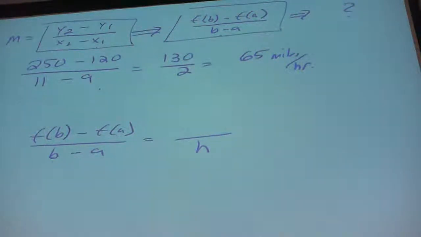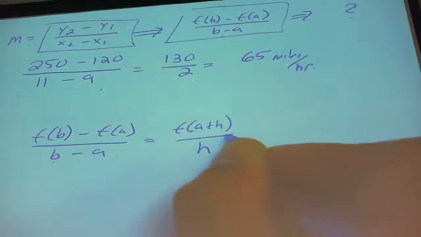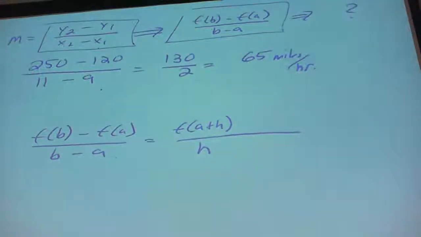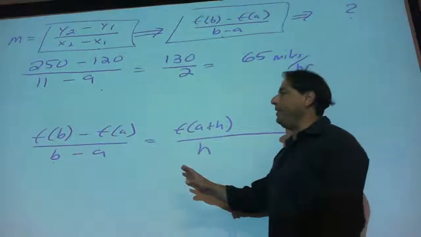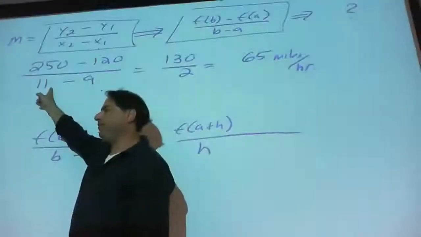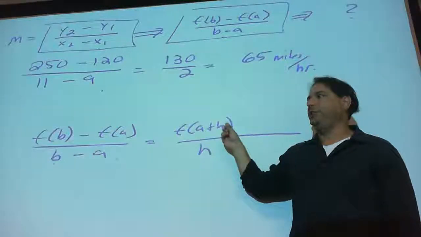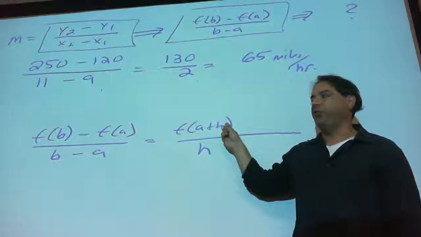Now, instead of calling it B, you can call it A plus H. Now, let me explain that. You're like, why would you change that? Well, again, A is 9 a.m., B is 11 a.m. Are we okay? But if A is 9 a.m. and H is 2, what's 9 plus 2?